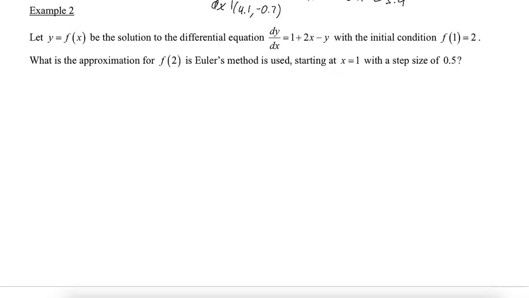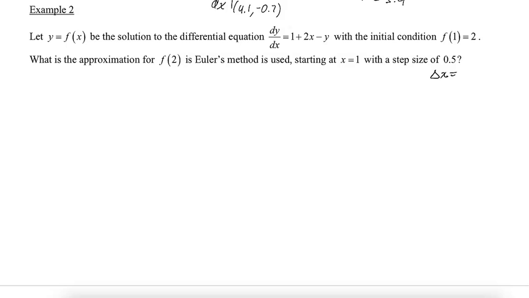So they're not telling me how many steps here, but they're actually giving me the step size. So all that means is that my delta x is 1/2 or 0.5, whatever you want to see that as. So the first approximation that I would do would be f of 1.5, and that is approximately from my previous y value, which is 2, I'm going to go the slope, right?